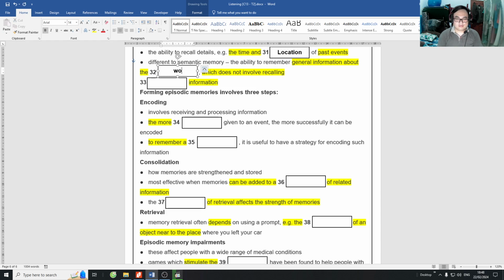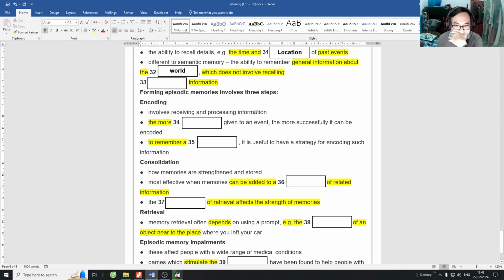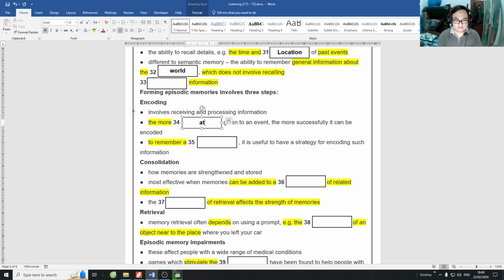This involves the process of receiving and registering information, which is necessary for creating memories of information or events that you experience. The degree to which you can successfully encode information depends on the level of attention you give to an event while it's actually happening.